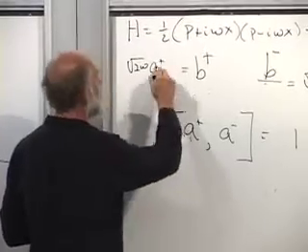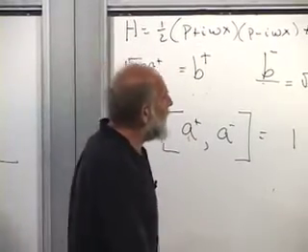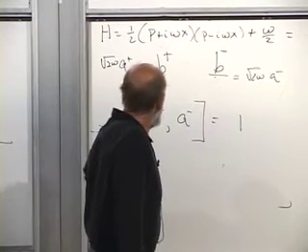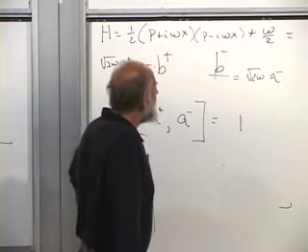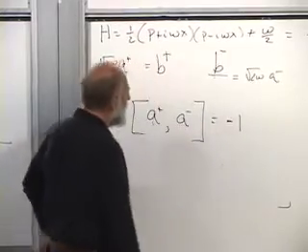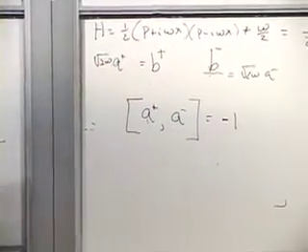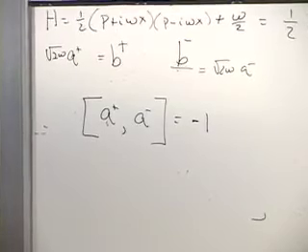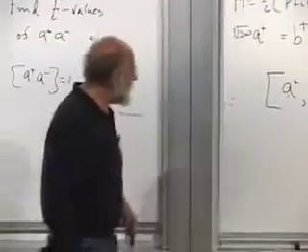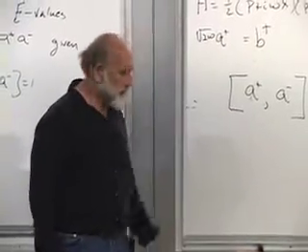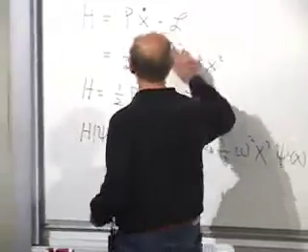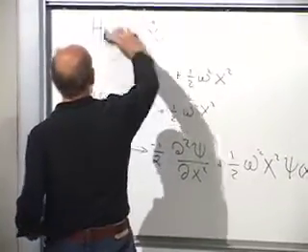No. I think I have it right. Why don't you just put it as -1? Yeah, I think it should be -1. I don't know where I lost the sign. Let's just keep going. We'll find out if it should be -1 or +1. The commutator of A plus with A minus, I think, is -1, and that's just something I recall from having done this many, many times before.